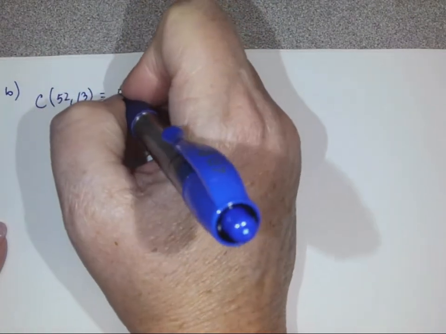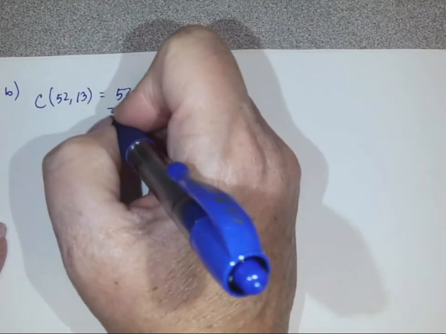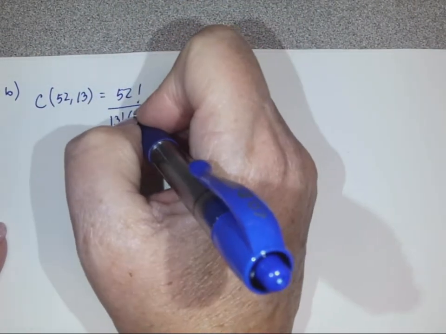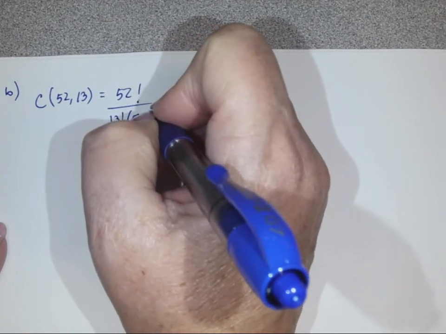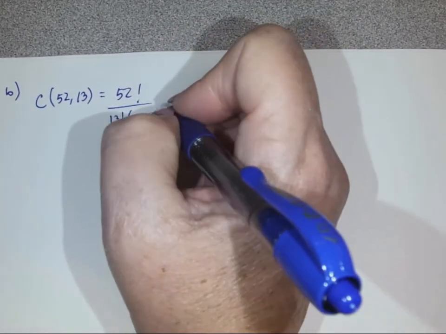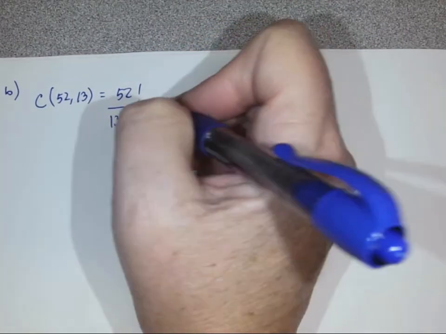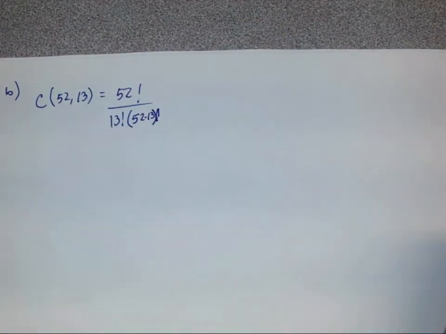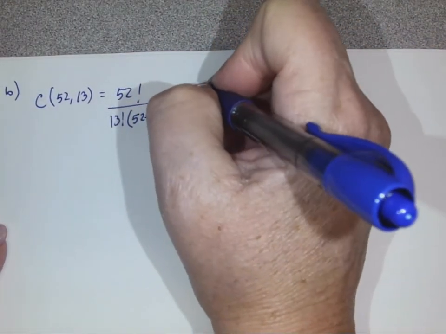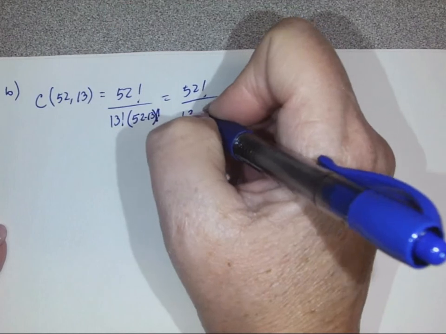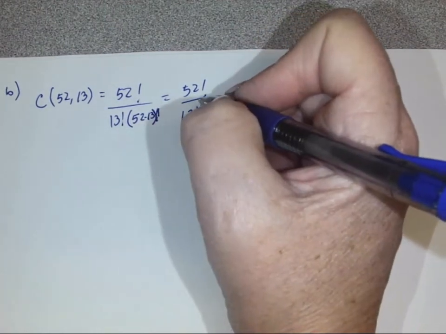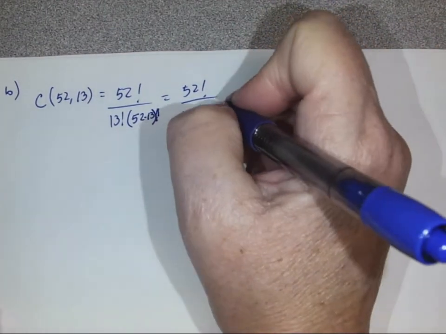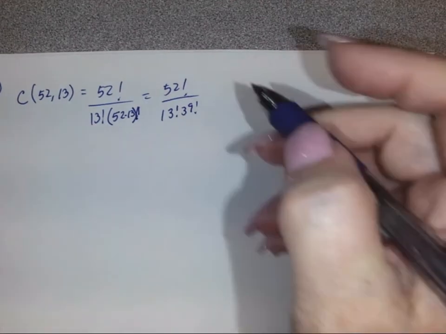So this will be 52 factorial over 13 factorial times (52 minus 13) factorial. So that'll be 52 factorial divided by 13 factorial times 39 factorial.